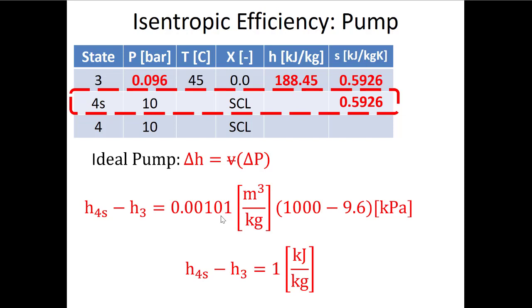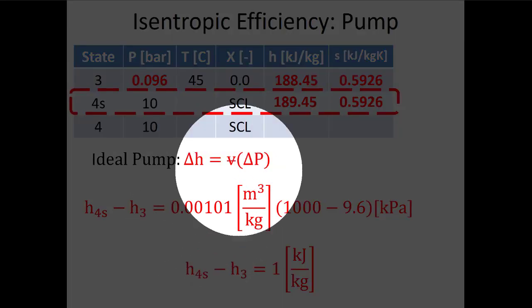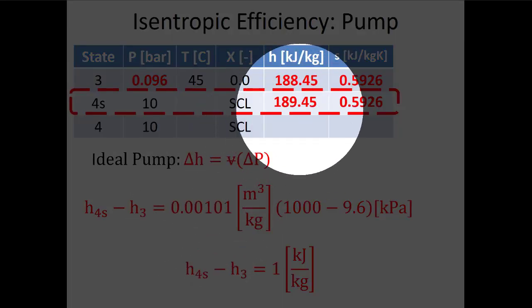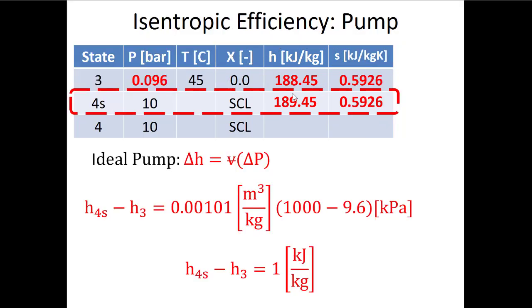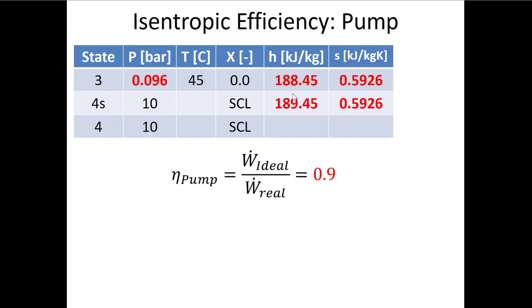That's the difference. And remember, we're putting energy into the system as we go through the pump. So we're increasing the enthalpy of the fluid. So my enthalpy that I'm increasing here is 189.45, about 1 kilojoule per kilogram bigger than it was at the inlet.